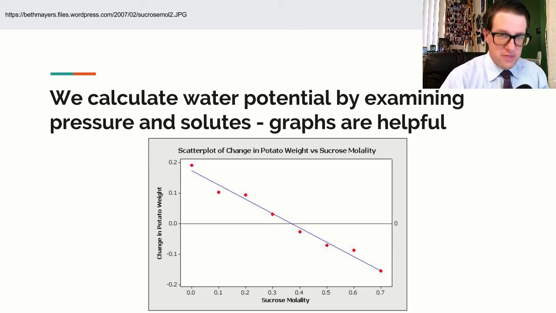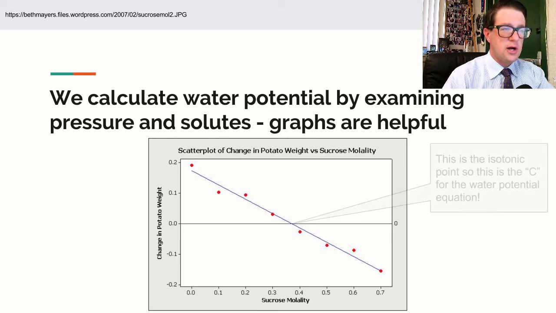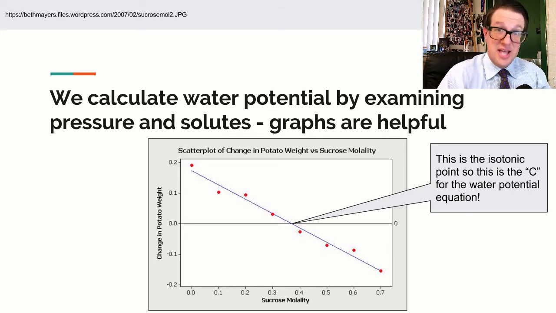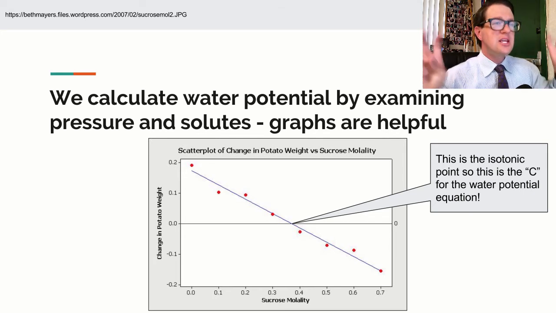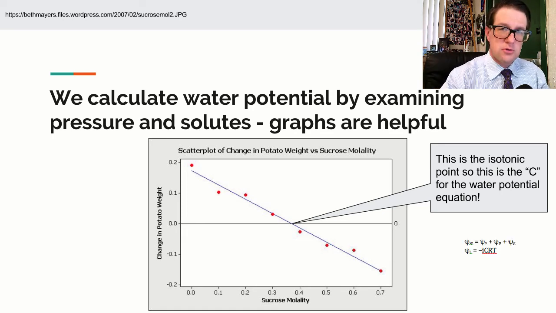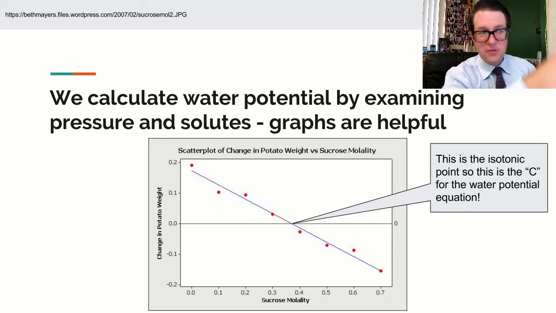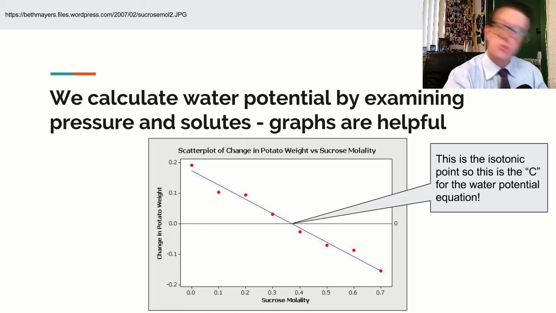What you can do from this is, if I were to make this plot and actually find the line of best fit, assuming we have no leakage and other weird things going on, where that trend line passes through the x-axis, the x-intercept, that would be the C value of your water potential, or the solute potential, equals negative iCRT, which means we now have a number that we can plug into an equation to get a water potential number. How do you figure this out? You need to do an experiment to get those data points in order to make that trend line, so we can calculate C, so we can figure out the solute potential, so we can figure out the water potential.